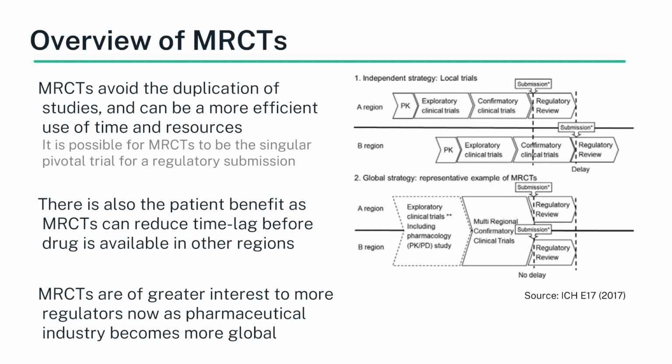However, now the industry is becoming so much more global, and drug development is a worldwide effort, and as a result, bridging studies and multi-regional clinical trials are of greater interest to all of the regulators as they look to ensure that they are sufficiently represented in these global trials.